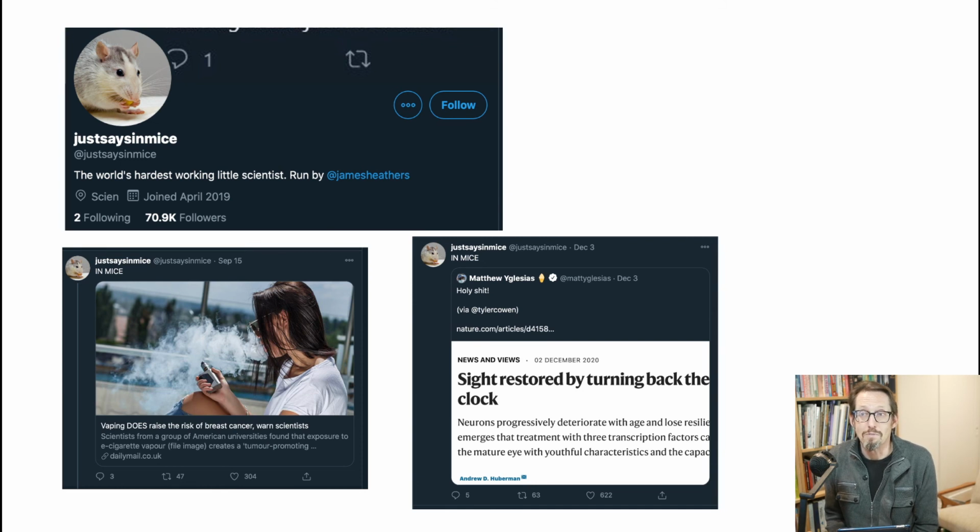It says "in mice" when attached to a news item which is just totally gaga about some element of science, right? "Sight restored by turning back the clock." We're going to engineer neurons to go back in time to stem cells, and that's going to cure blindness by injecting stem cells into these.